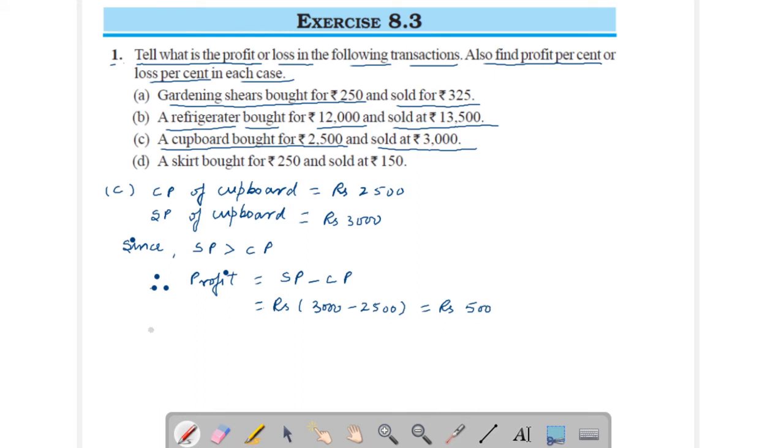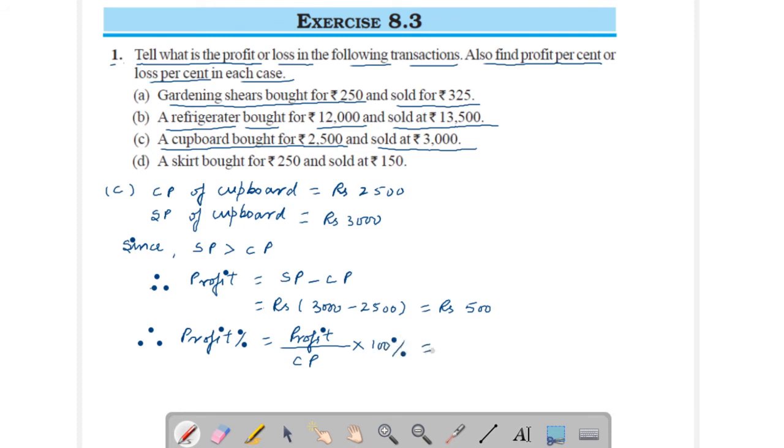Therefore, profit percent is given by profit upon CP into 100%.